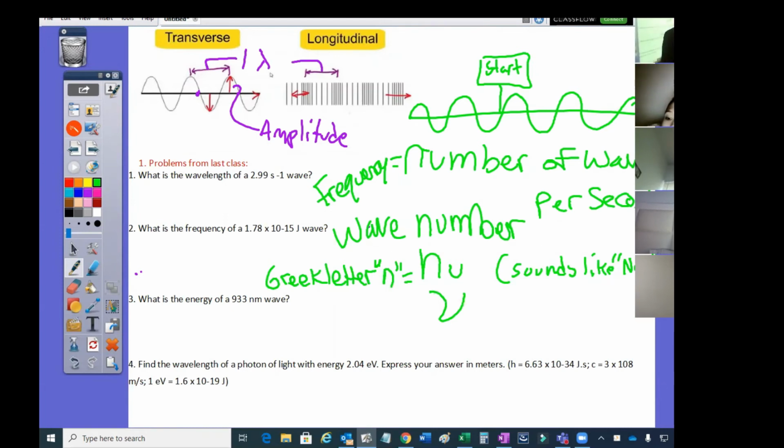It's the letter N in Greek. Maybe you can think about how the English letter N in cursive doesn't look the same as the English letter N in standard script. So this is what we use to symbolize frequency. In some textbooks you'll see a fancy F like that. Some books will also just say F for frequency. The technical symbol is the Greek letter nu.